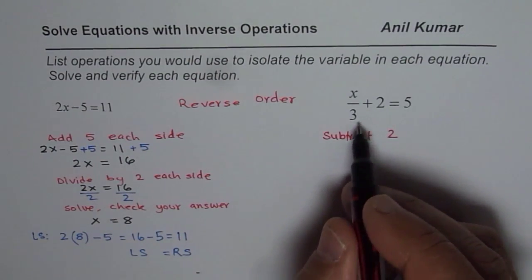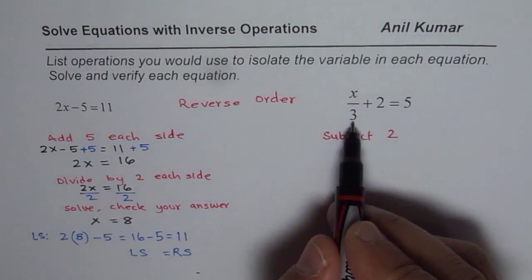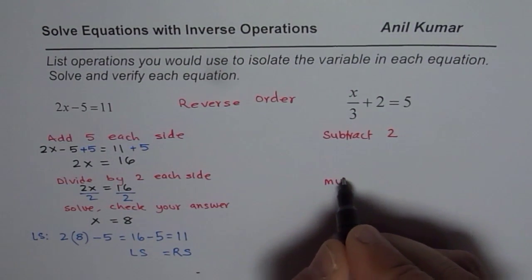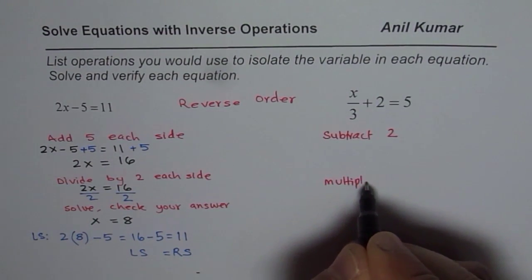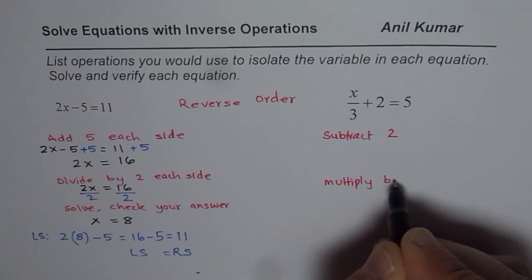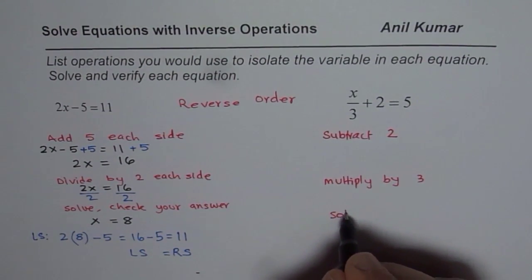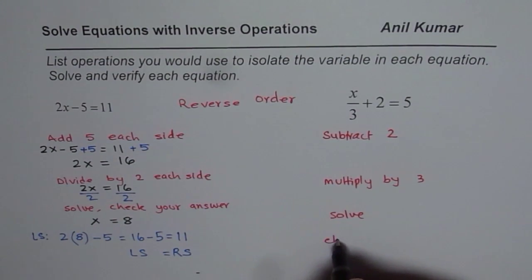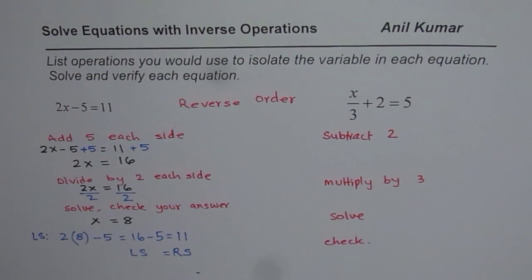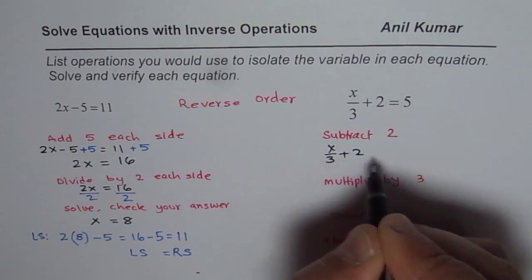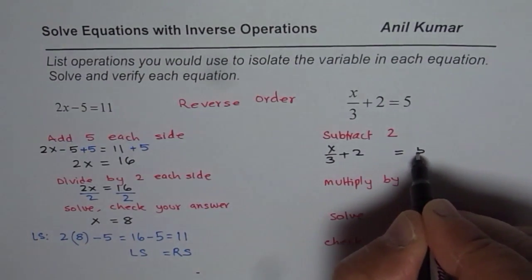Once you do that, you are left with x divided by 3. So you should multiply, or times, by 3, right? Once you do that, you have to solve your equation and then check this equation, correct? So let's do these steps one by one. We have the equation x over 3 plus 2 equals 5, right?